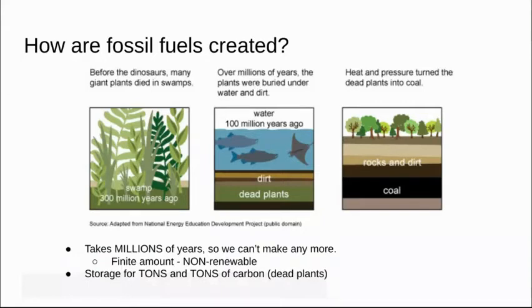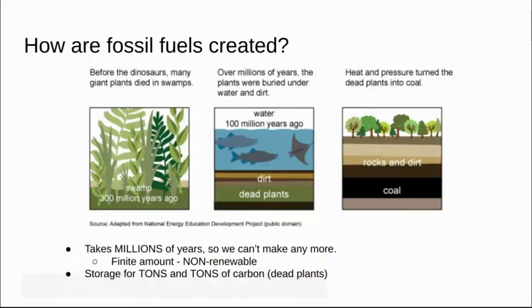And over millions and millions of years, the heat and pressure from everything above them were able to turn these dead plants into coal. The same thing happened in oceans to make oil, except instead of being trees and ferns, it was mostly planktons and other little creatures that lived in the water.